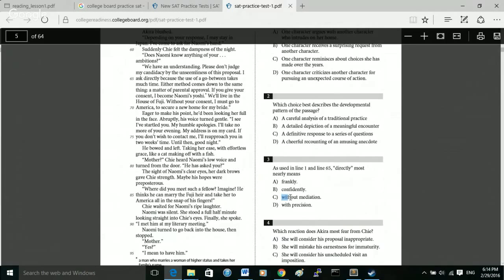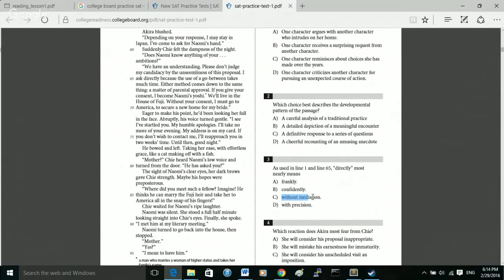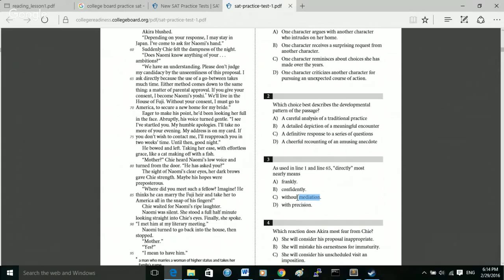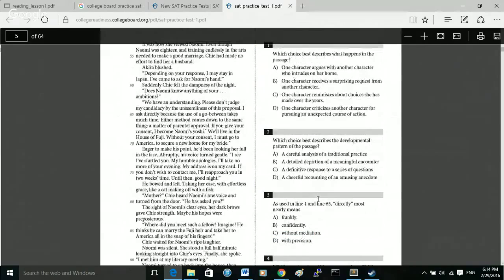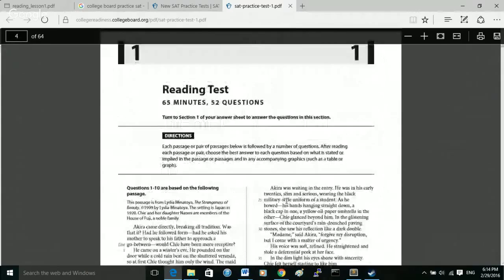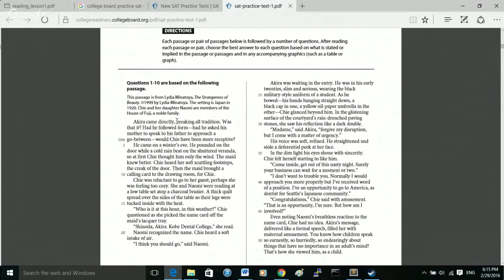So now let's look at answer choice C. Does directly most nearly mean without mediation? Mediation means a process of steps in the middle. It is between the beginning and the end. So does directly most nearly mean without mediation? Here we see he broke tradition.